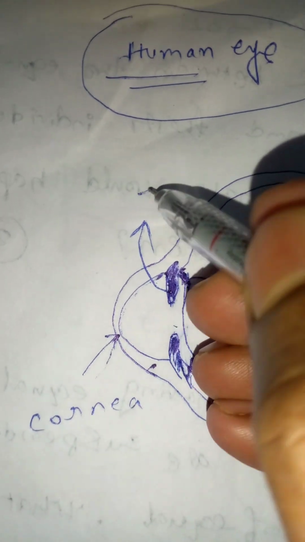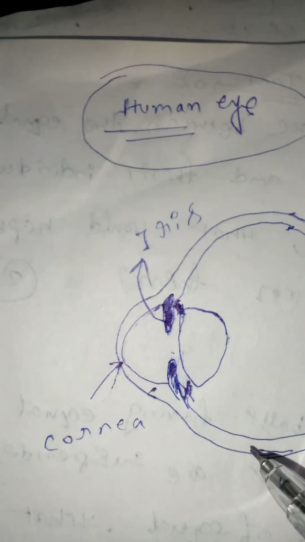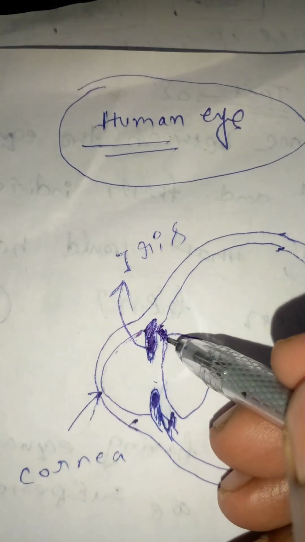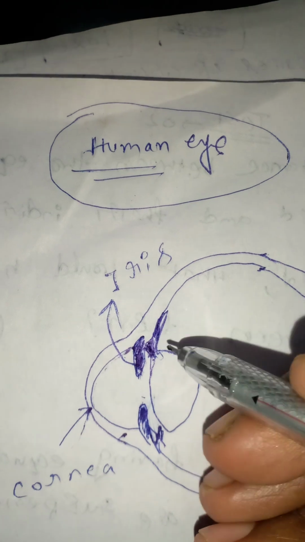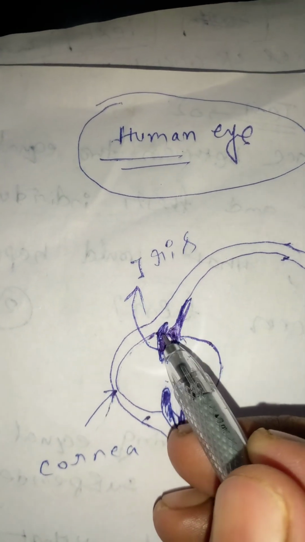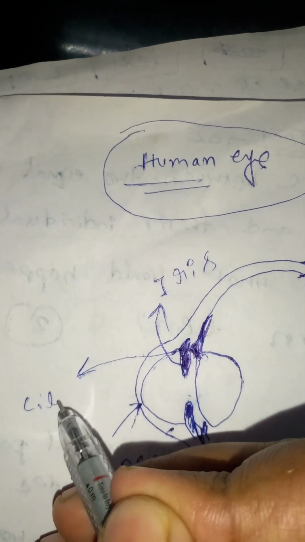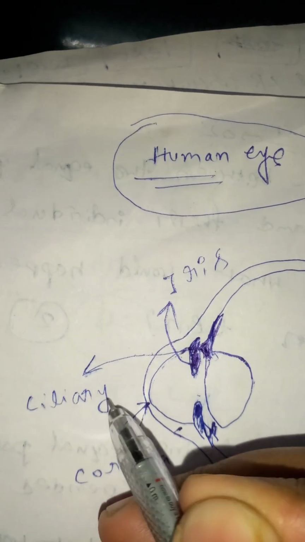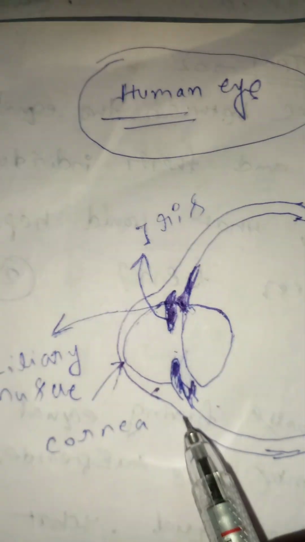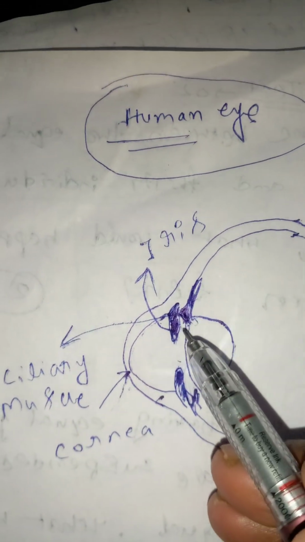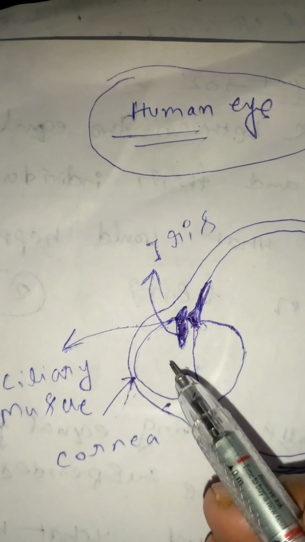This portion is known to be iris. Now when I'm drawing iris, here one portion we have to draw. This portion is named ciliary muscle. So outer portion cornea, and these two are iris, and in between them the pupil is there.